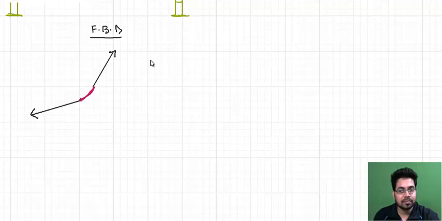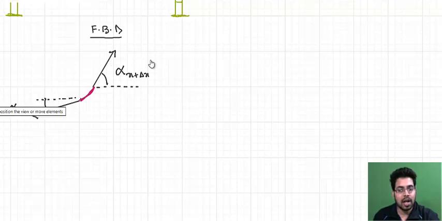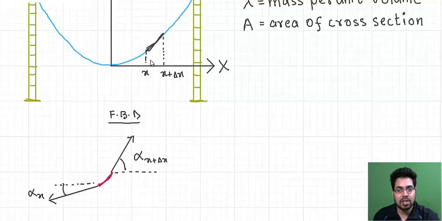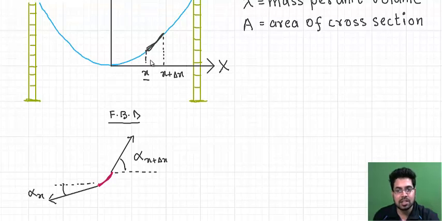Let's say I have this angle as alpha at position x, and this angle as alpha at position x plus delta x, because one end of the segment is at position x and the other end is at position x plus delta x.